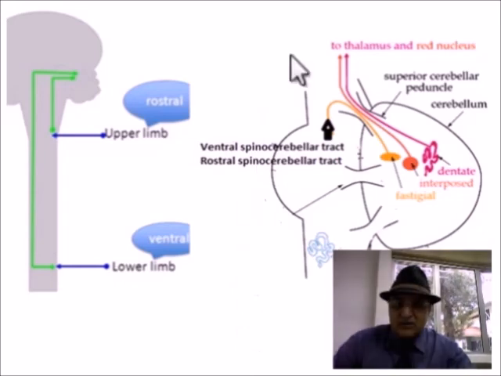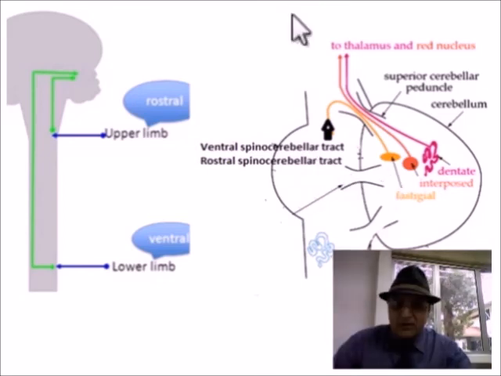And there is also a tract which comes from the cerebral cortex to the cerebrocerebellum, but that tract mainly enters the cerebrocerebellum through the middle cerebellar peduncle. So the main tract in the middle cerebellar peduncle is the cerebropontocerebellar tract.